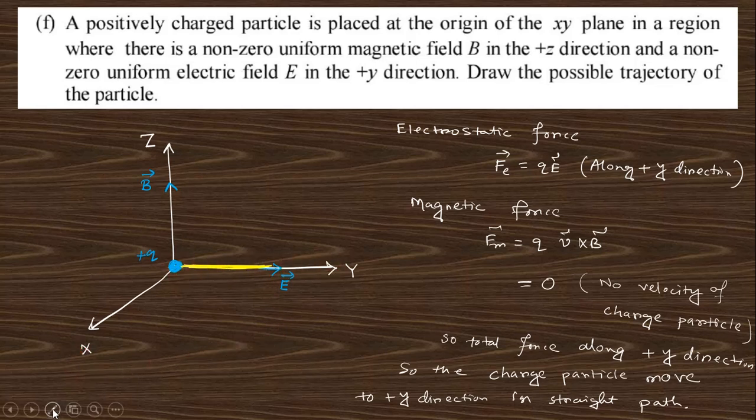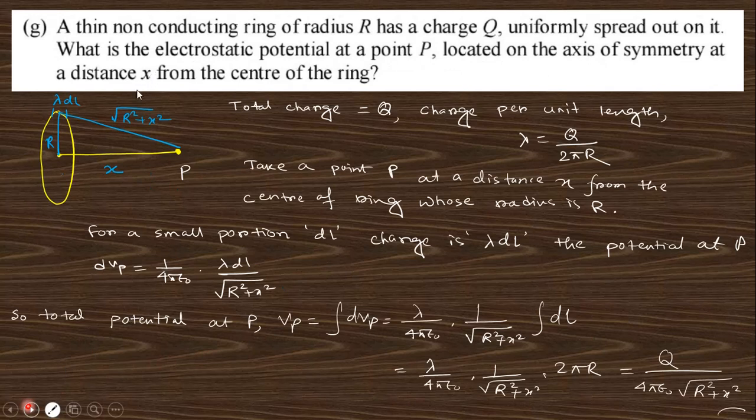Clear? Next, a thin non-conducting ring of radius r has a charge q uniformly spread on it. What is the electrostatic potential at a point P located on the axis of symmetry at a distance x from the center of the ring? So you need to find the electric potential at that point.